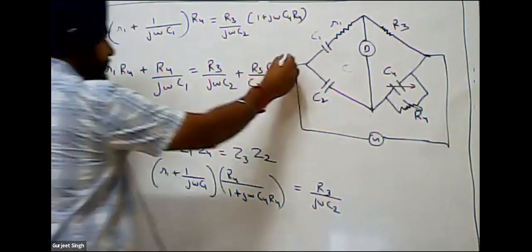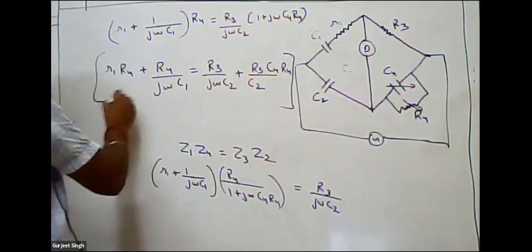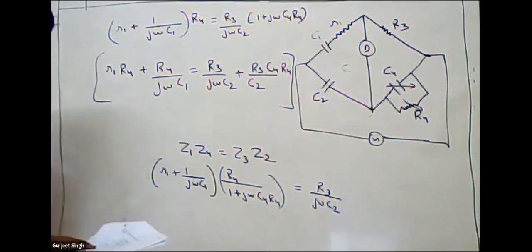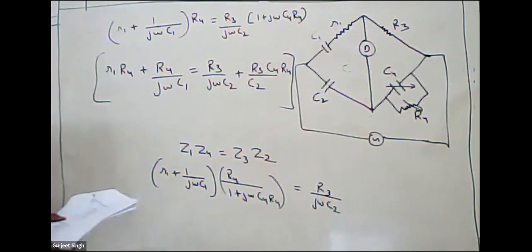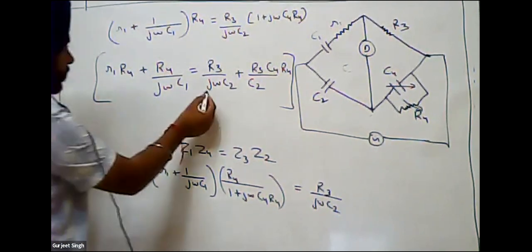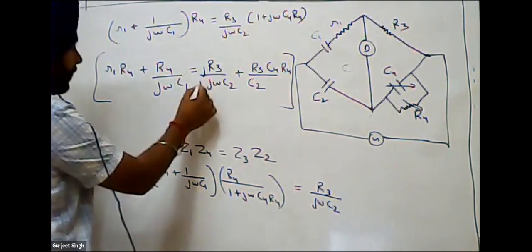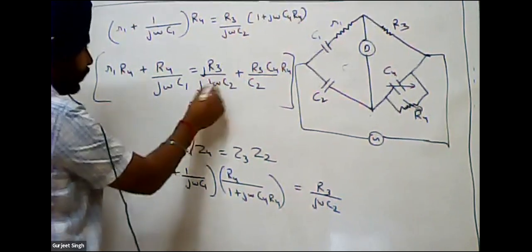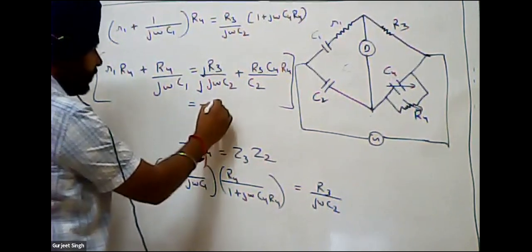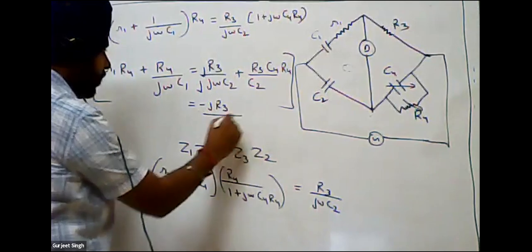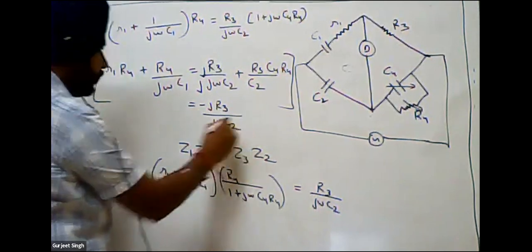We are getting this equation, and then you can solve it. If I multiply here by j and below by j, it becomes j squared, which is equal to minus j R3 upon omega C2.